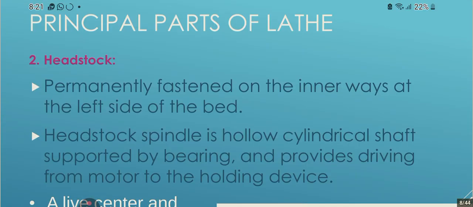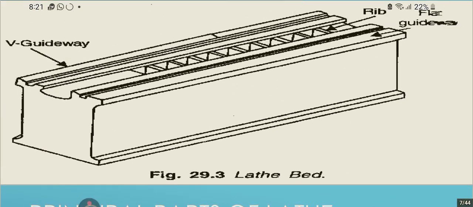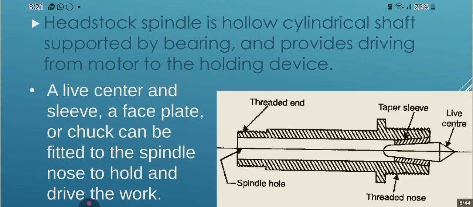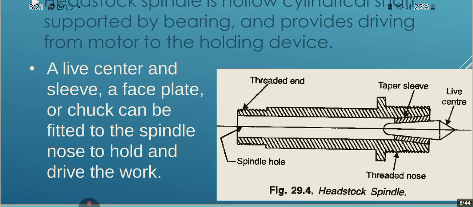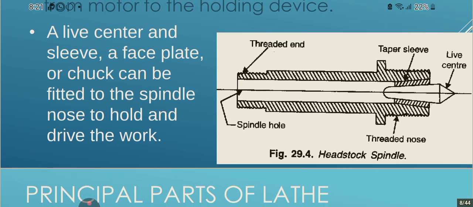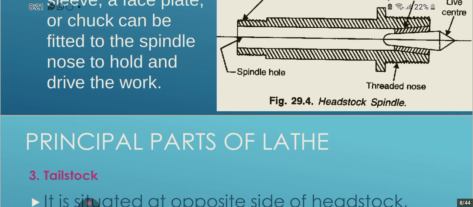The principal parts of the lathe: headstock. The headstock is permanently fastened on the inner ways at the left side of the bed. The headstock spindle is a hollow cylindrical shaft supported by bearings and provides driving from the motor to the work holding device. A live center and sleeve, a faceplate or chuck can be fitted to the spindle nose to hold and drive the work.